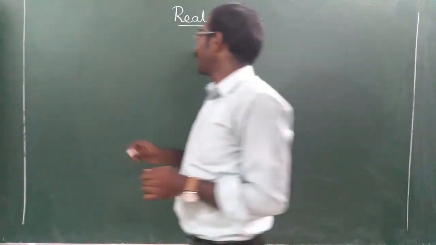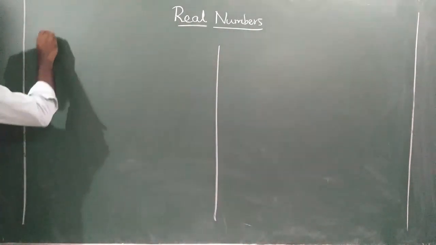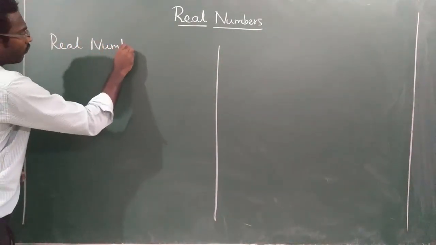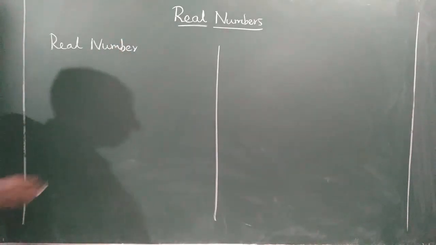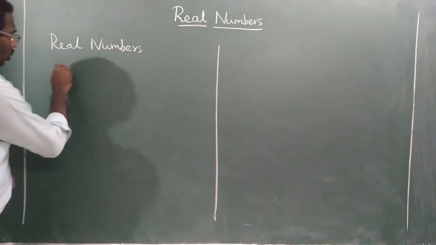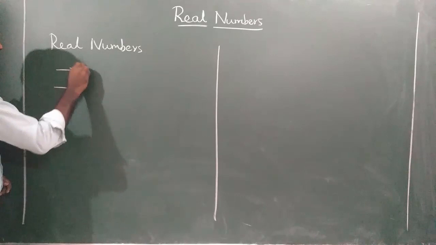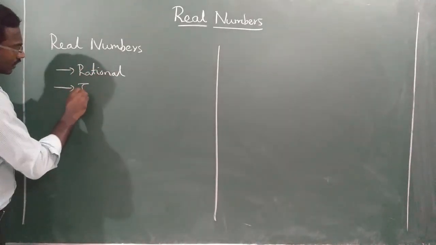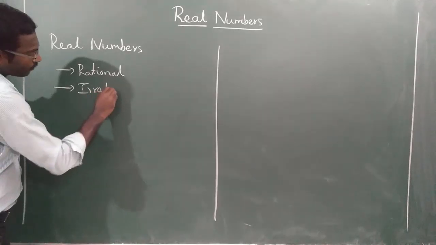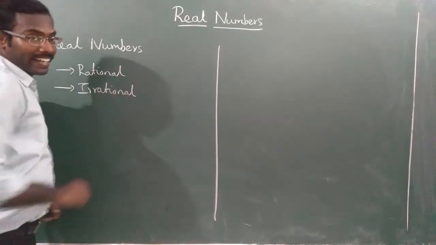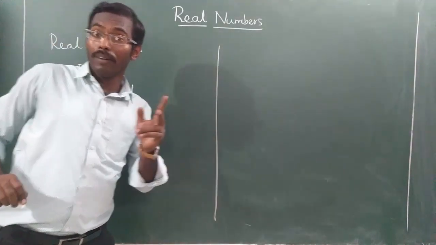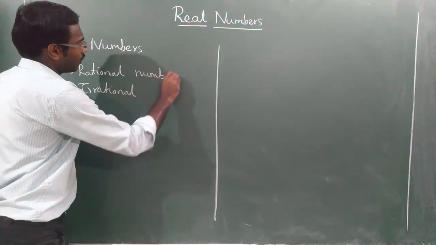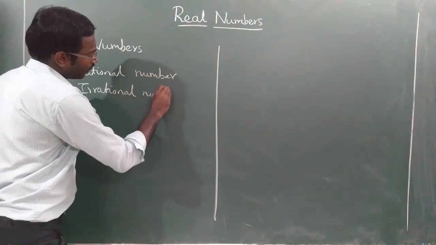Okay. Real numbers. What do we call as real numbers? How do we define it? Real numbers are the combination of rational as well as irrational, isn't it? You have studied it in 9th standard. Real numbers are the combination of rational numbers and irrational numbers.